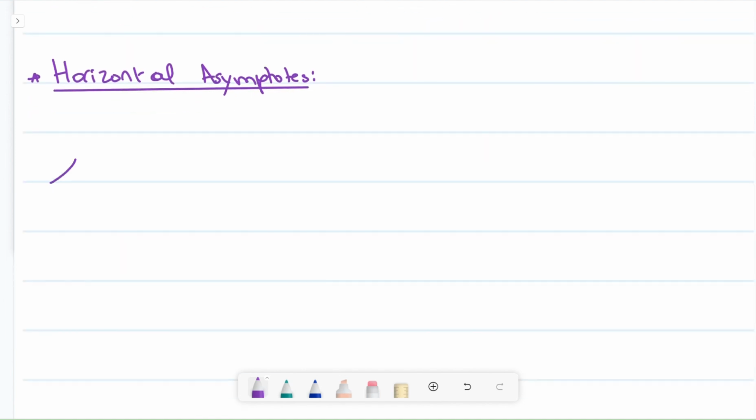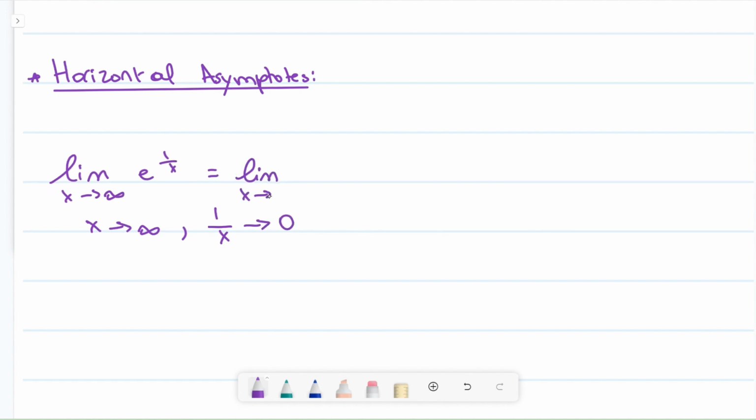So let's find how the graph behaves at positive and negative infinity. As x approaches infinity, 1 over x approaches 0.